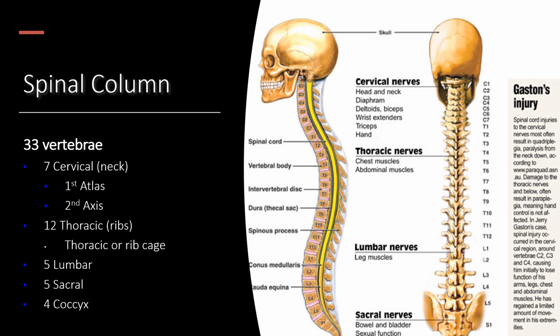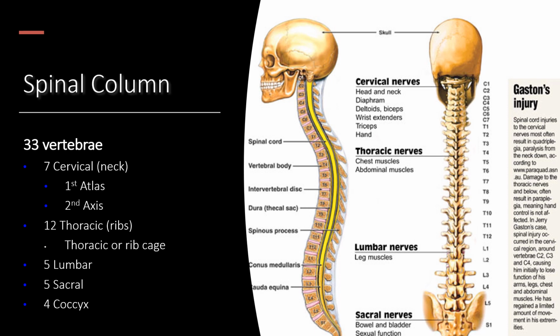So the atlas pivots on the axis, and that's what helps us to turn our head from side to side. This is also known as a pivot joint because of that motion of turning the head from side to side. So the atlas is the first cervical vertebrae, and the axis is the second cervical vertebrae.